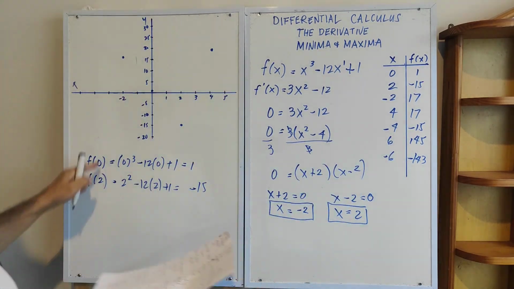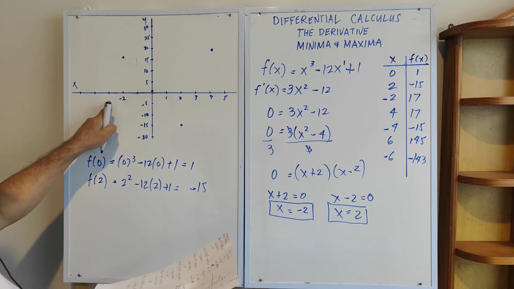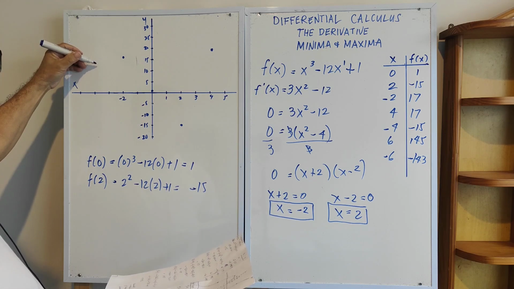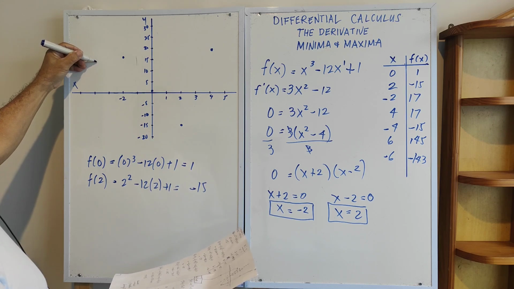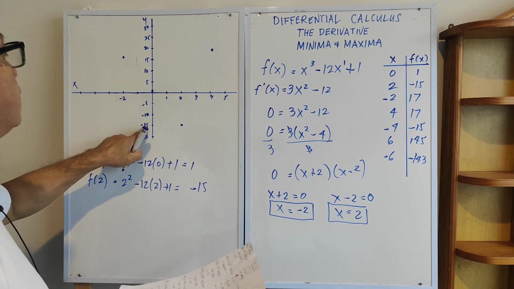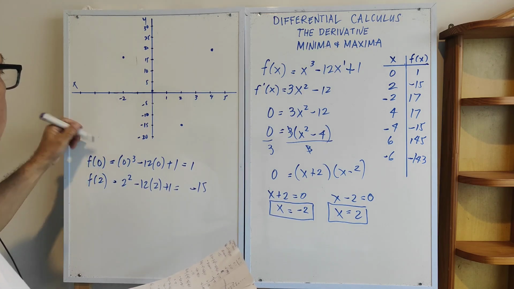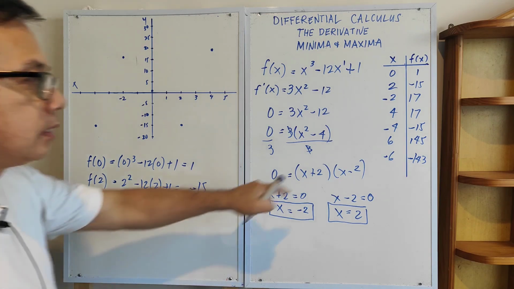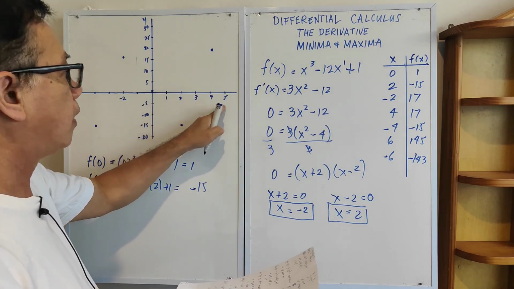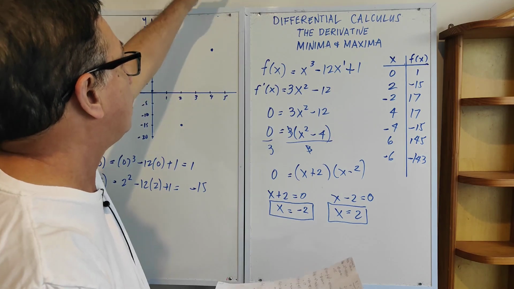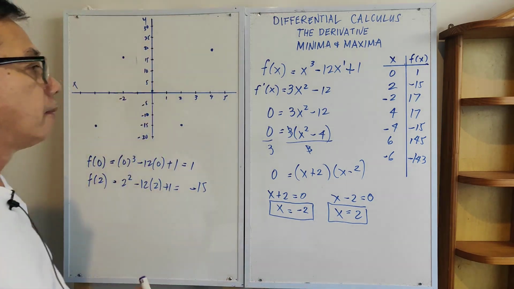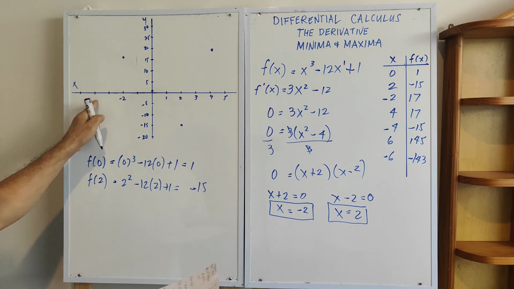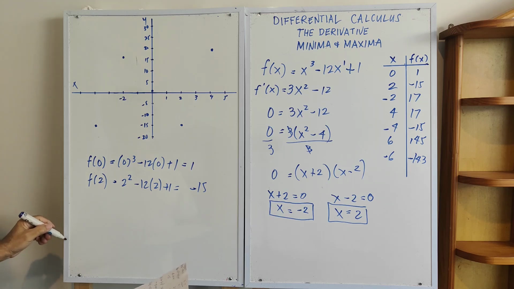Negative 4 and negative 15 will be around here. 6 and 145, so 1, 2, 3, 4, 5, 6, will be way up here. And then negative 6 and negative 143 will be way down here.